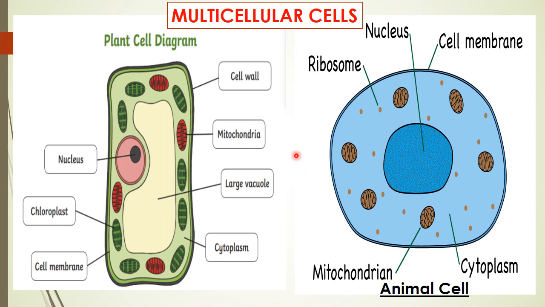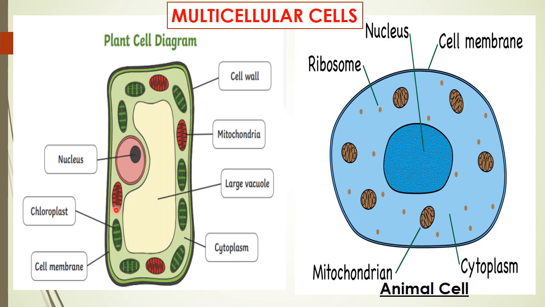Plant cell has a cell wall, cytoplasm, cell membrane and a nucleus. Cell wall is the outermost layer and it is the protective layer of the plant cell. The second layer is the cell membrane, which lets nutrients and waste go in and out of the cell.